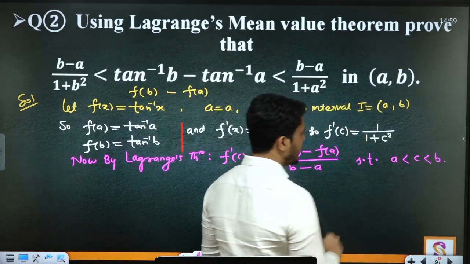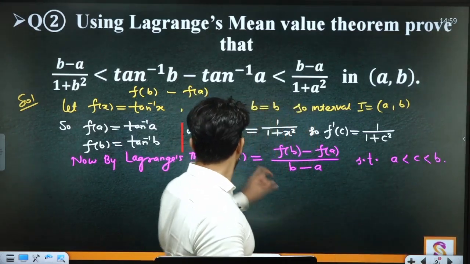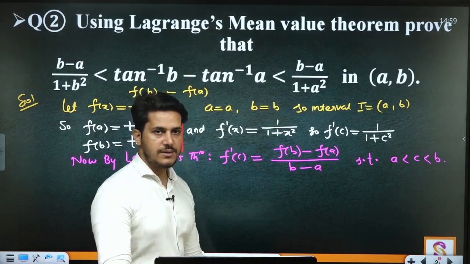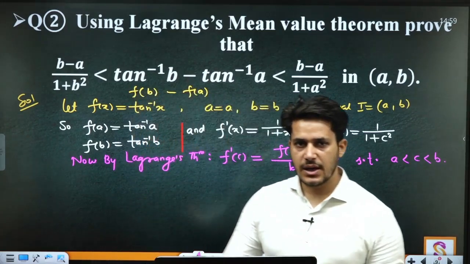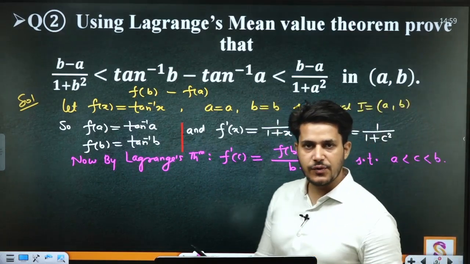This is very important because due to this inequality a less than c less than b, the whole inequality statement will be proved. इसी लेस देन वाली इनइक्वालिटी की वजह से ये वाला स्टेटमेंट प्रूफ होगा.